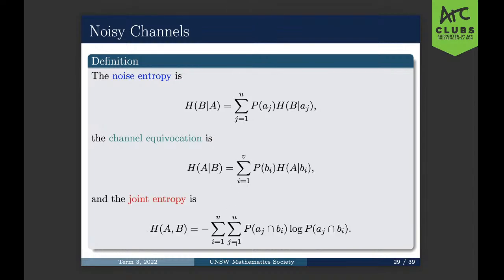The joint entropy is the entropy of the overall situation that we have with this whole sink and source setup. It's for every single pair of events that you can have.